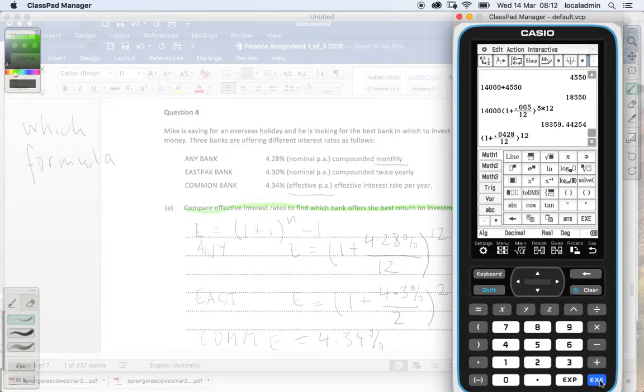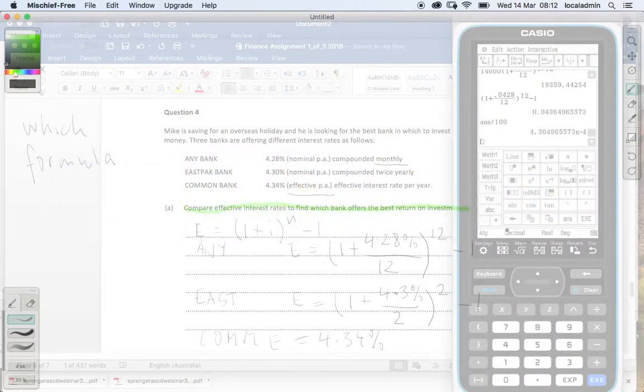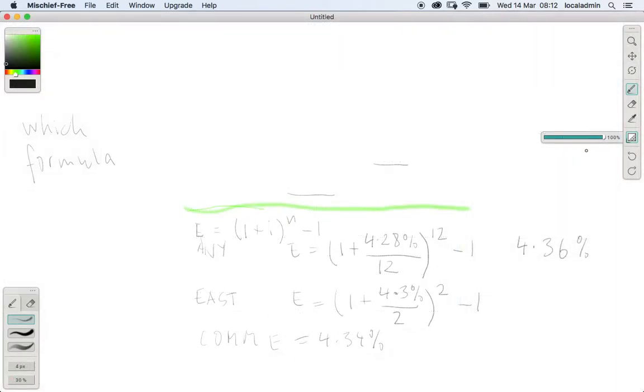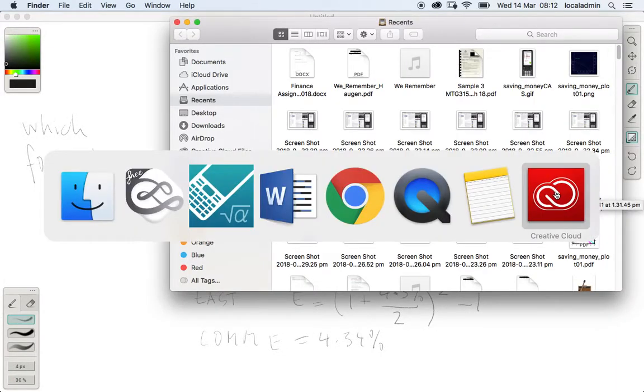We are only doing this for a year, and then out of that one, and we take away our 1, otherwise we get a percentage that's bigger than 100%. 0.0436. Remember, we want to multiply this by 100 to get a percentage. So 4.36. So that's 4.36%. Let's bring that up. 4.36%.